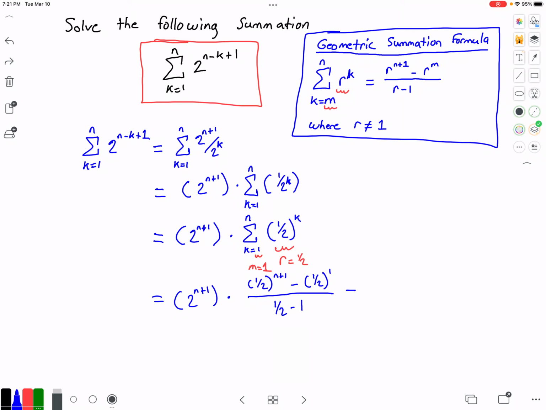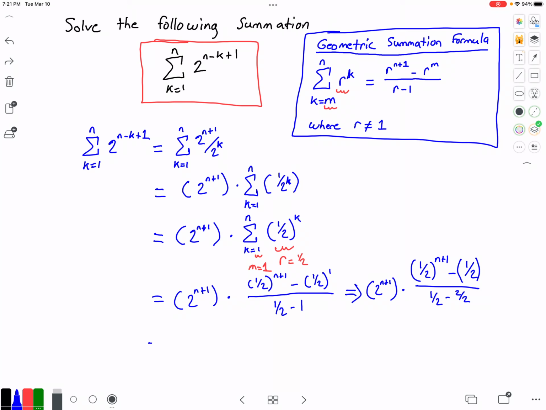So all of this is equal to 2 to the power of n plus 1 times 1/2 to the power of n plus 1 minus 1/2, all of that divided by 1/2 minus 2/2.